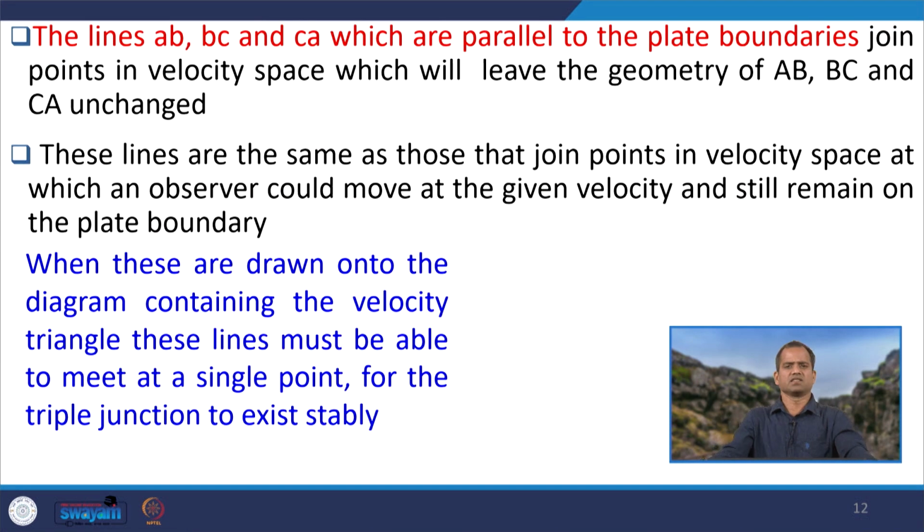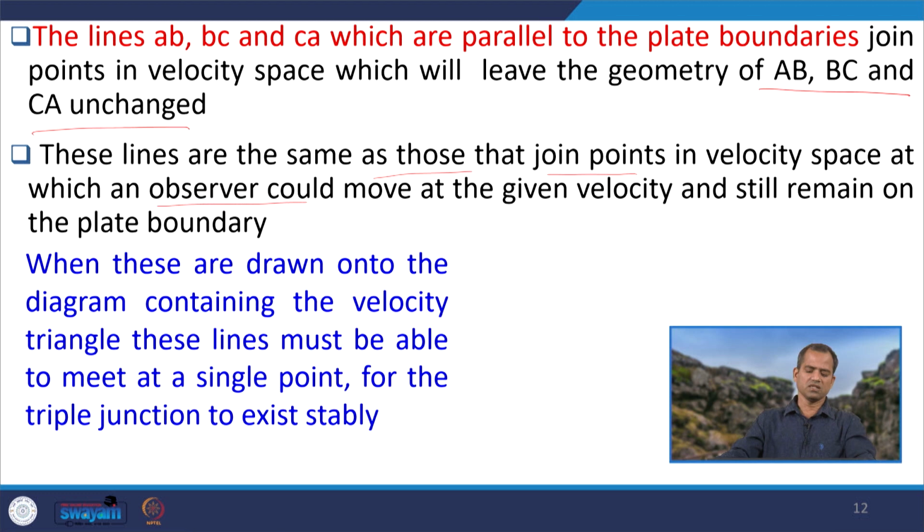So, these lines AB, BC and CA, which are parallel to the plate boundaries, join the points in velocity space which all leave the geometry AB, BC and CA unchanged. That means the relative velocity between these three plates is 0, and these lines are the same as those that join the points in velocity space at which the observer could move and the velocity still remains on this plate boundary.